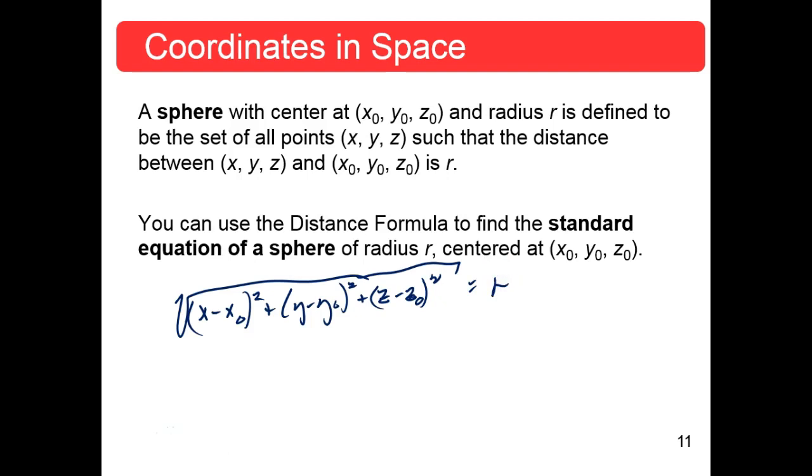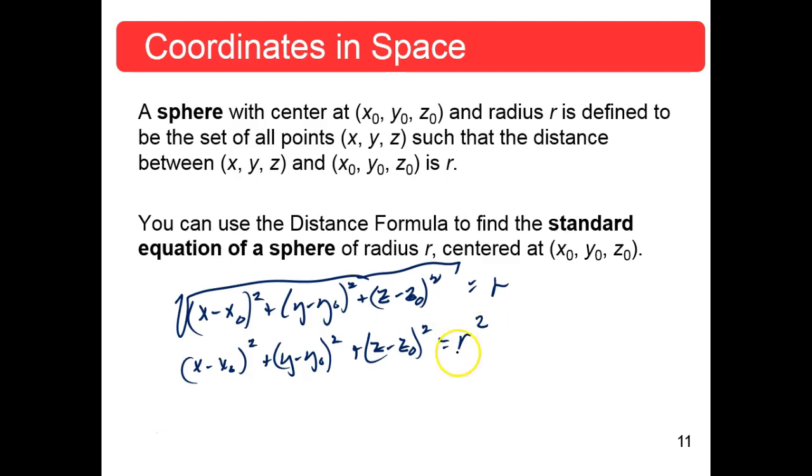So if you know your r, you know your x0, y0, and z0, which usually they give you, then you can come up with that equation. Now, one way you can do it is square both sides, and you have x minus x0 squared plus y minus y0 squared plus z minus z0 squared is equal to r squared. And that's a fairly standard way to express it.